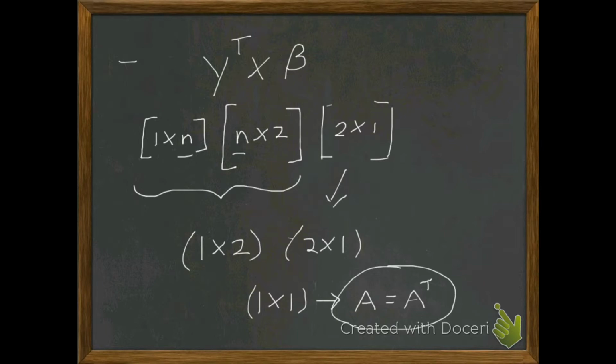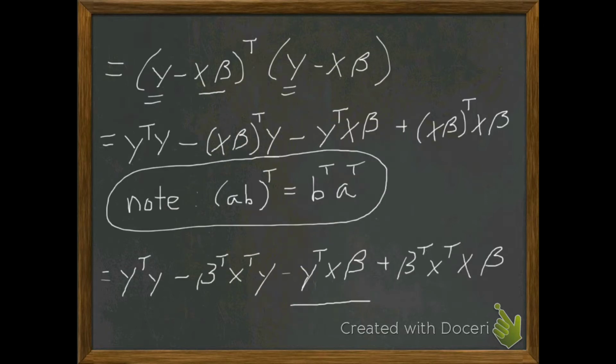So we clearly have a 1 by 1, and if you go up here and think about the transpose, remember, we just reverse everything and give things that don't have a transpose a transpose, and things that do have a transpose, not a transpose. Did you get that? And we're going to end up with this. So that essentially is going to take the place of this term right here.